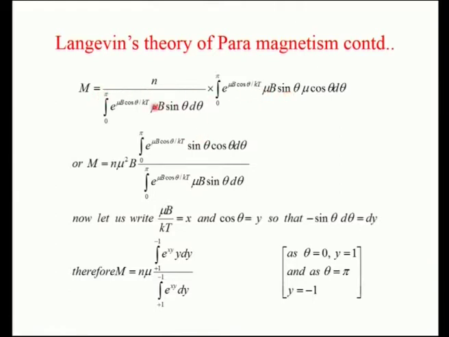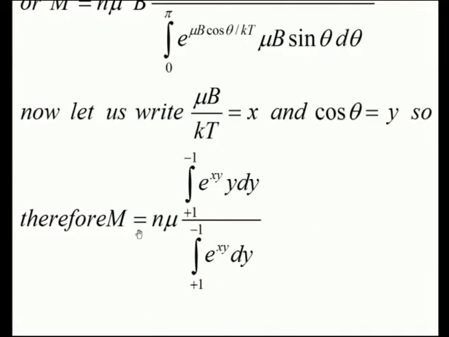So, numerator integration, denominator integration like this, and then here we go for a change of variable. Take mu B by k_B T equal to x, and then the integration becomes simply M equal to n times mu, where n is the concentration, multiplying the integral from minus 1 to plus 1 of e to the power xy into y dy divided by the integral of e to the power xy dy from minus 1 to plus 1.